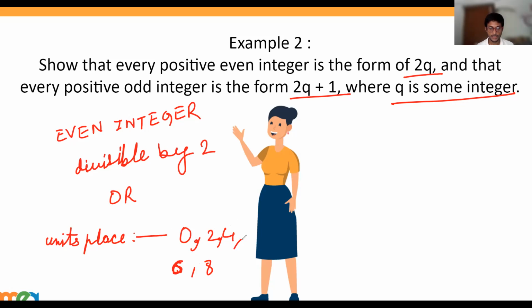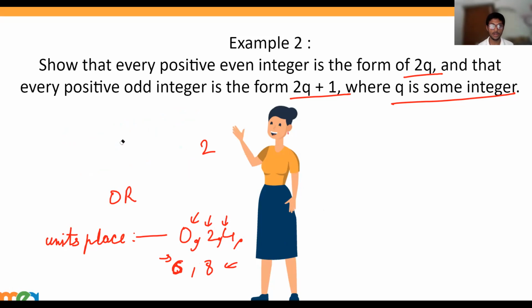So every integer which has 0, 2, 4, 6, or 8 on its units place will be considered an even integer. And what is an odd integer? All other whole numbers except these are odd integers.